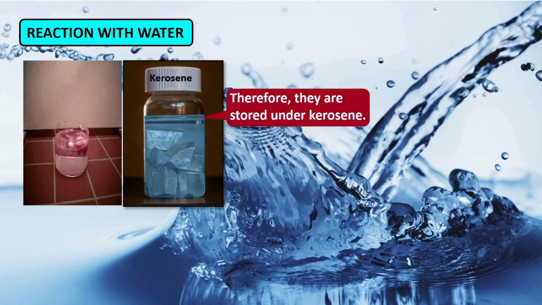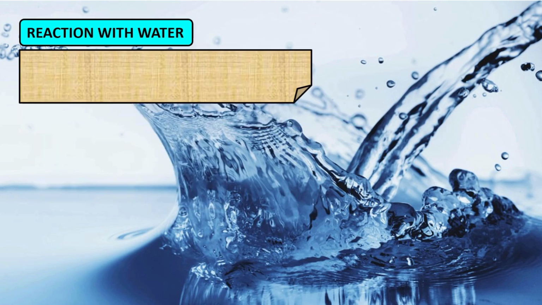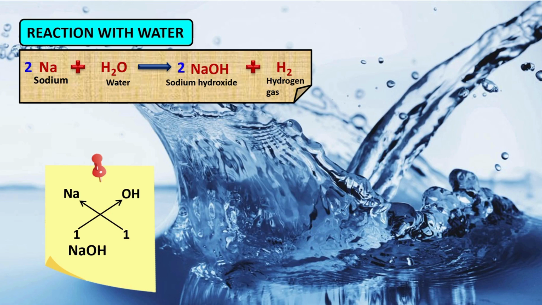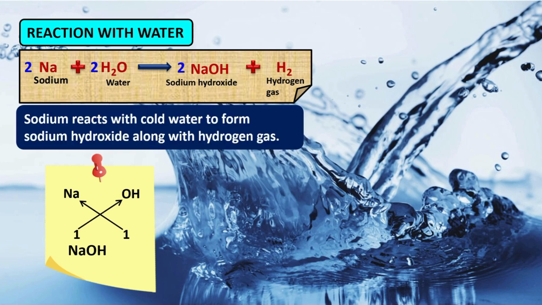Therefore, they are stored under kerosene. 2Na plus 2H2O gives 2NaOH, that is sodium hydroxide, plus H2, hydrogen gas. Sodium reacts with cold water to form sodium hydroxide along with hydrogen gas.